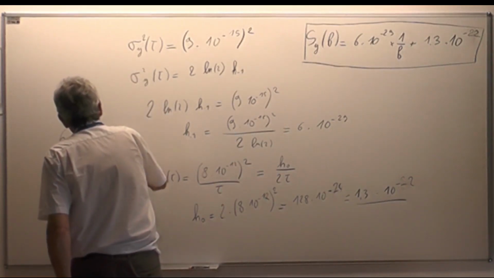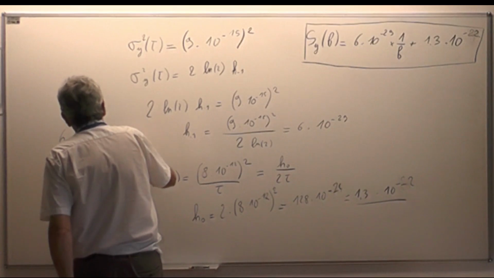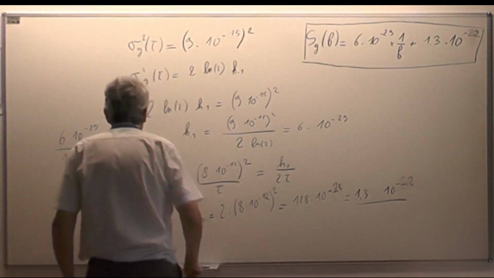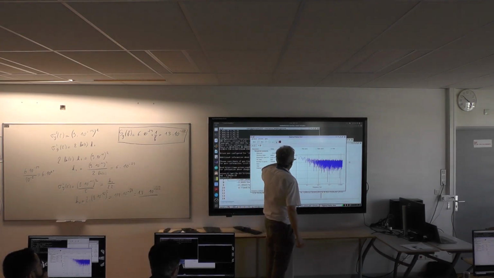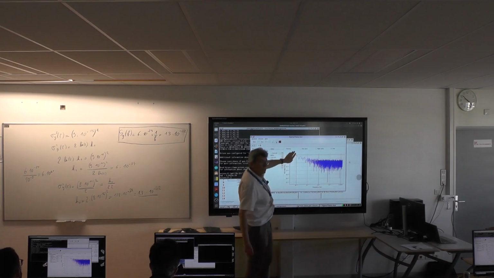It means that you have 6, 10 to the minus 21, and 6, 3 should be there. 6 is almost here, so it seems to be quite compatible.